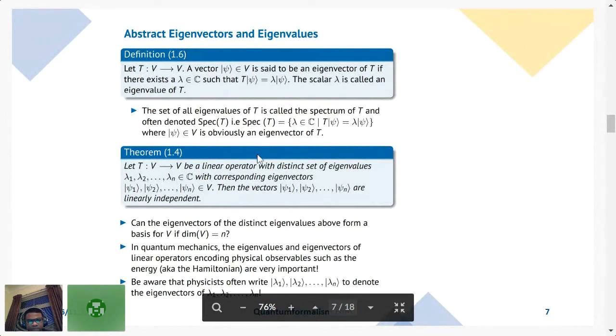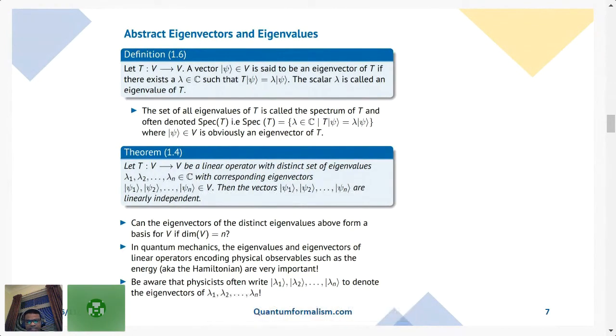Another thing we saw is that, given an operator T with a distinct set of eigenvalues lambda 1, lambda 2 to lambda n, with the corresponding eigenvectors, then the eigenvectors are linearly independent. This will become more relevant and interesting once we get to the Hilbert spaces section, and once we start talking about orthonormal bases.